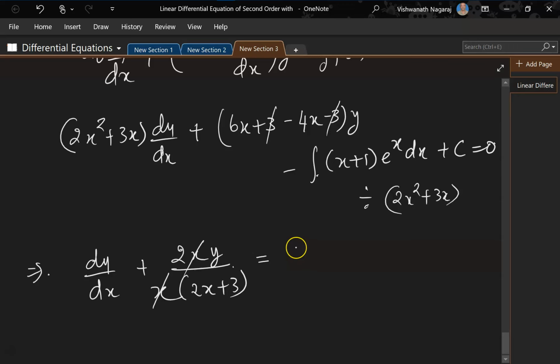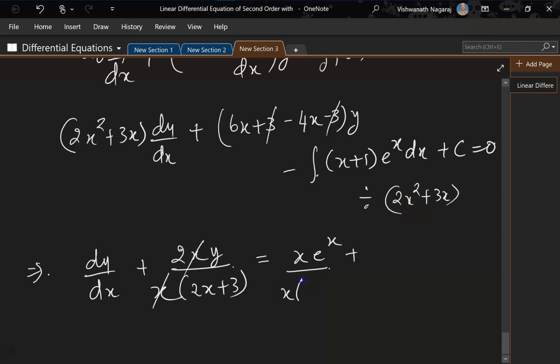So integral of x plus 1 e to the power of x dx. That would be x e to the power of x. Immediately differentiate this to see whether you get this. Product rule gives e to the power of x plus x e to the power of x. So you get back this, and divided by this.